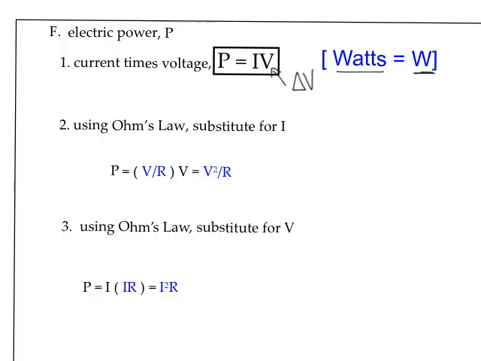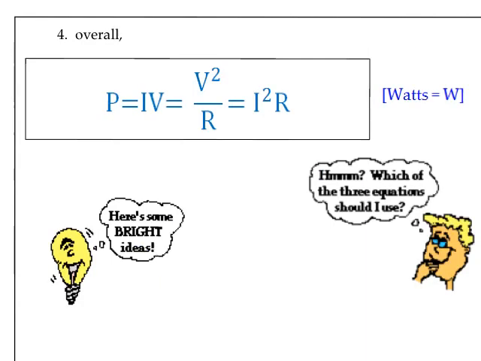Or you might see using Ohm's Law substituting in for the V. So remember Ohm's Law, the V was equal to current times resistance. So I would still have the I from my power, and then current times resistance for my voltage, and when I combine those, I get I squared times R. So we can put all of these together into one big equation. So overall, if I'm looking for power, it really depends on what you're given in the problem.